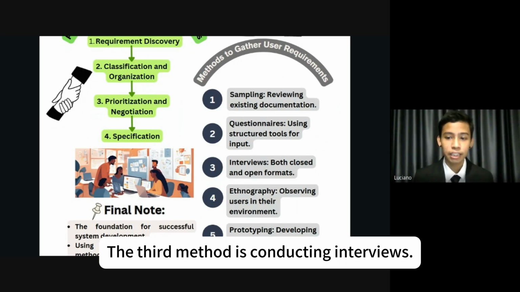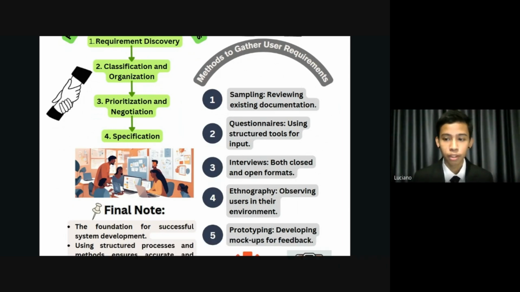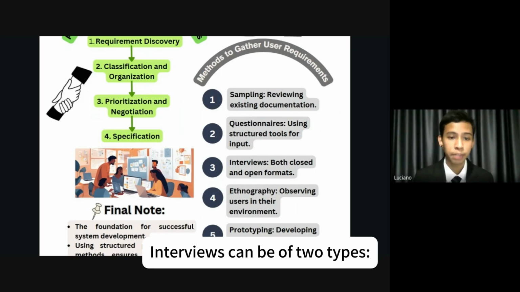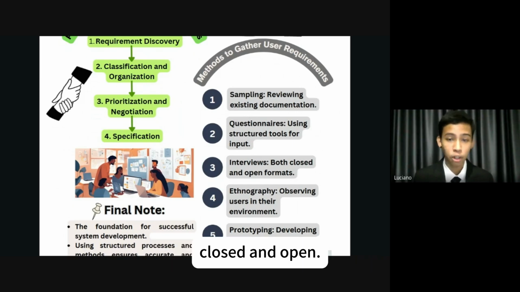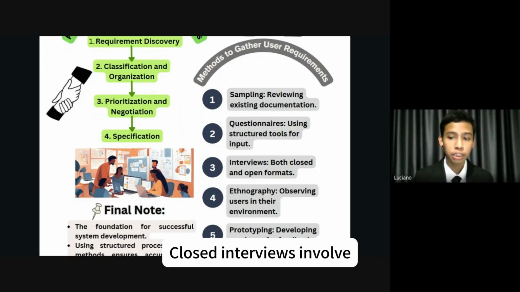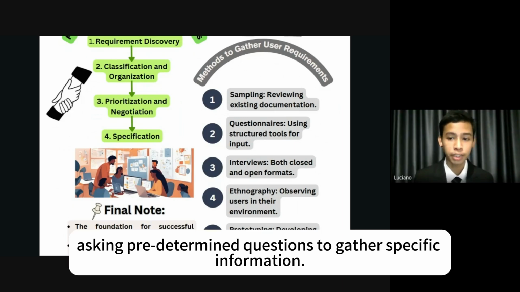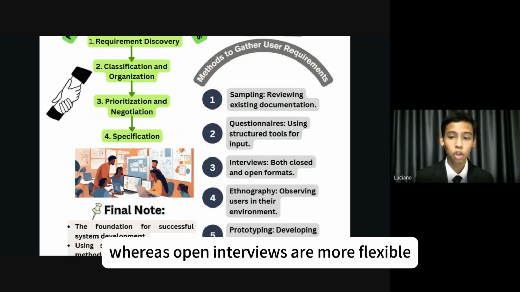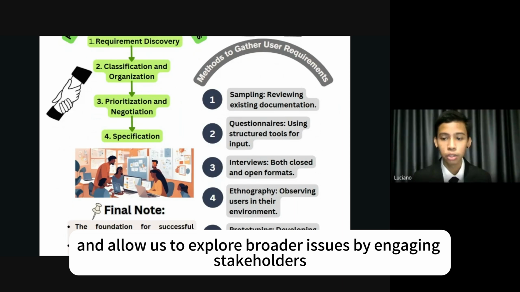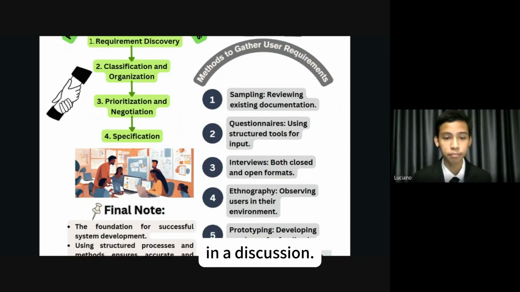The third method is conducting interviews. Interviews can be of 2 types, closed and open. Closed interviews involve asking predetermined questions to gather specific information, whereas open interviews are more flexible and allow us to explore broader issues by engaging stakeholders in discussion.